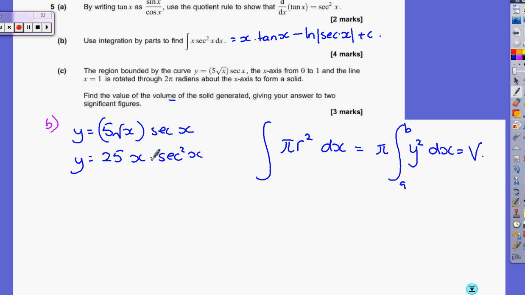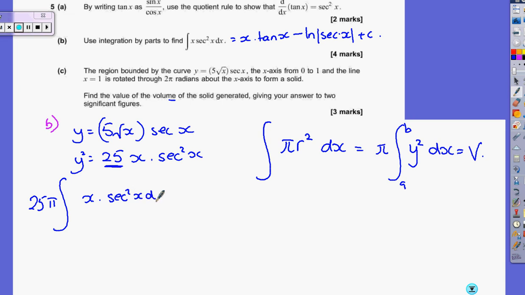So each term is squared because there's no plus. It's not like you've got two different brackets. It's just you're squaring every single term. So brilliant. Now, because that's y squared, we're going to do pi y squared. But 25 is just a number as well, so I'm going to stick that out the front and then end up with x sec squared x.